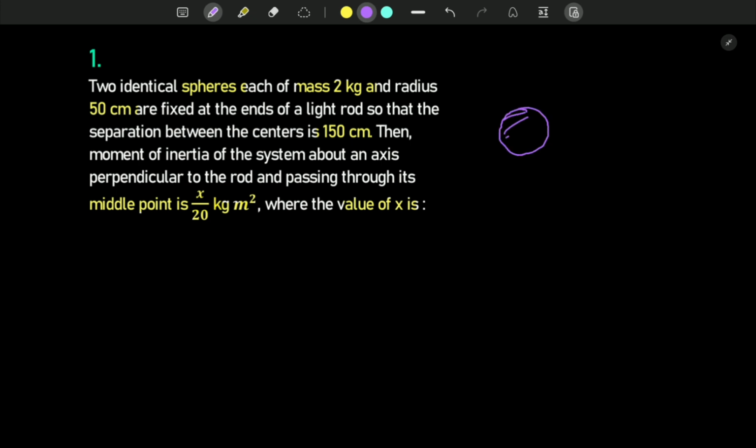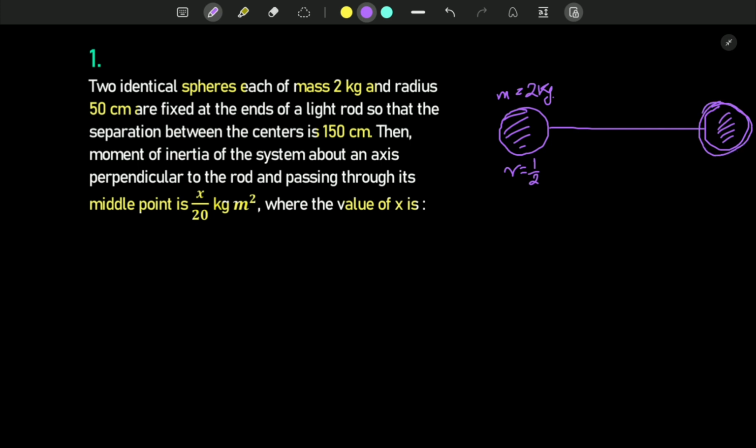So this is our sphere and here is another identical sphere. Radius is given as 50 cm, so 1 by 2 meter. Mass is 2 kg. Since these are identical spheres, I am writing for only one sphere, and the other is the same.